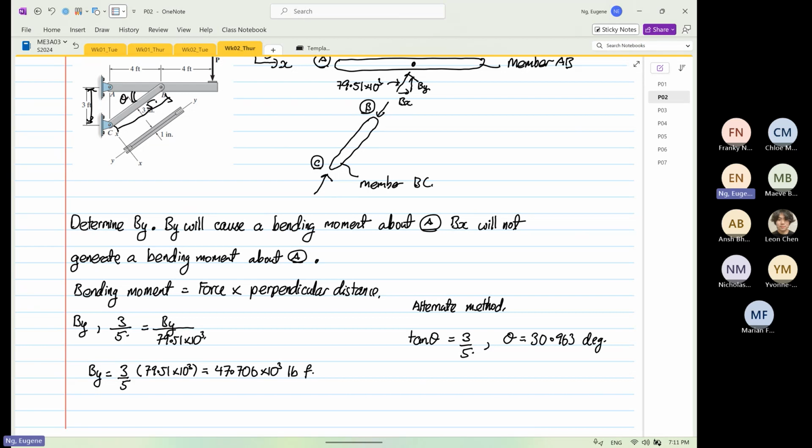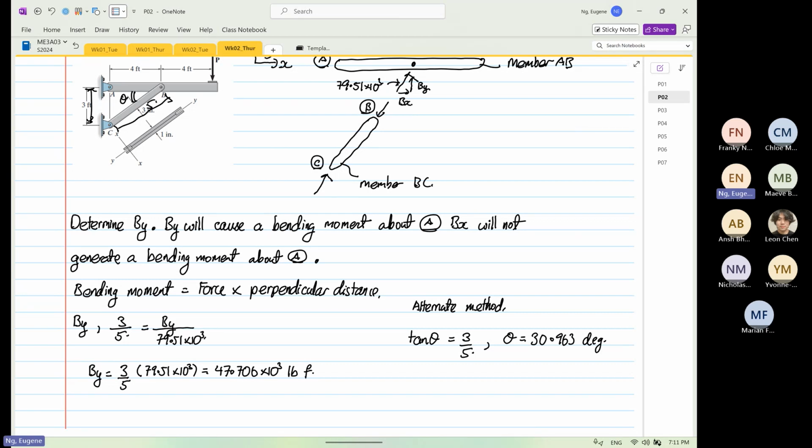degree. Okay. So from here we can also do the same calculation, and I think you guys can see where I'm going with this.